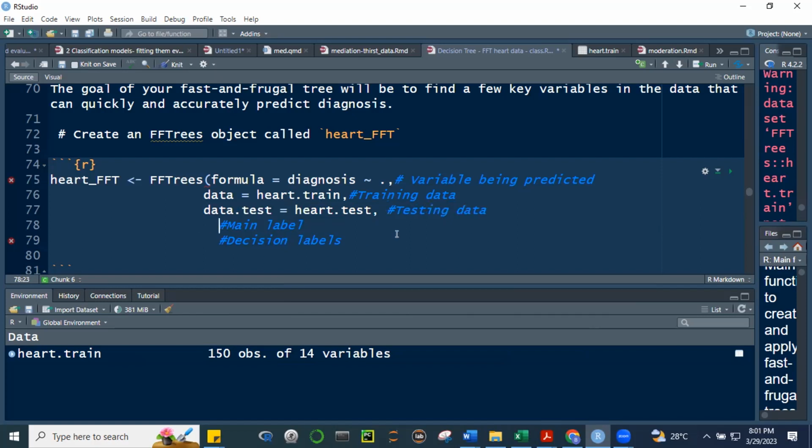Okay, let's put a label on our plot. Our main label is equal to emergency room decisions.